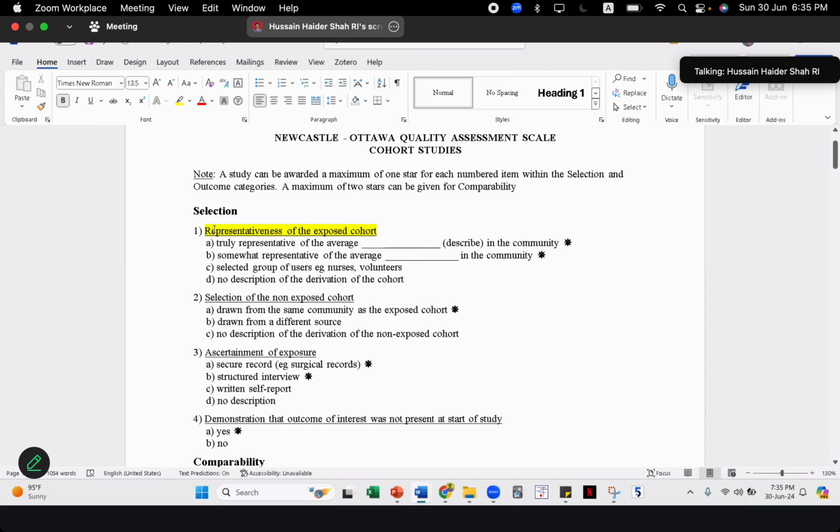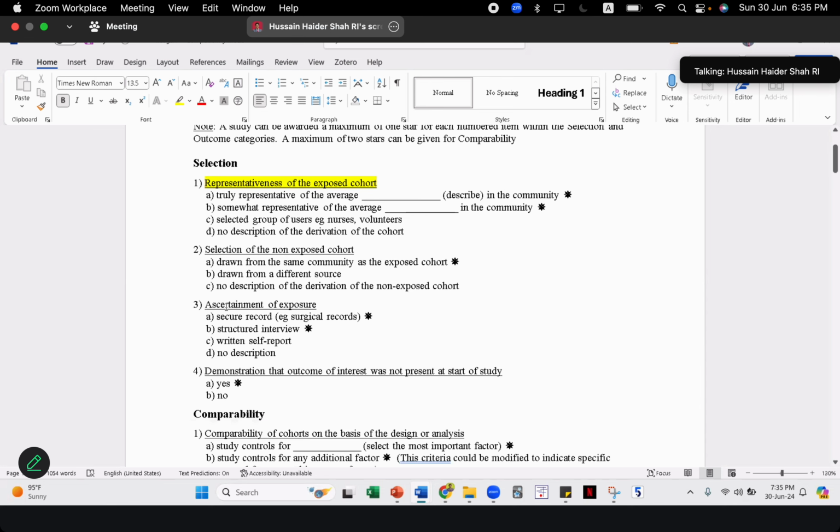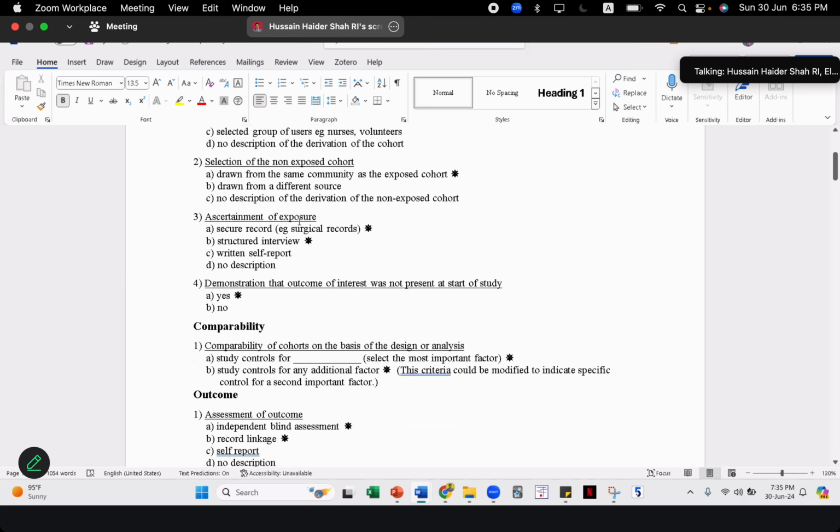Now, the first question is the representativeness of the exposed cohort. If it is a true representation, we give it a star. If it is somewhat representative of the community, we give it a star. If the non-exposed cohort is drawn from the same community as the exposed cohort, we give it a star. Ascertainment of the exposure: we make sure that the participants have the exposure, whether it is smoking or any other exposure or intervention we are studying.